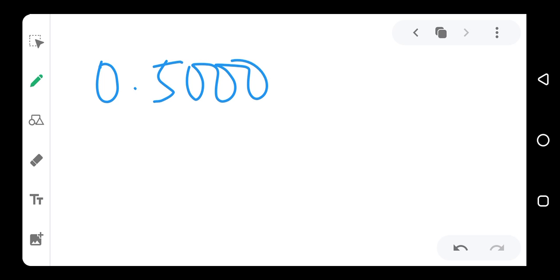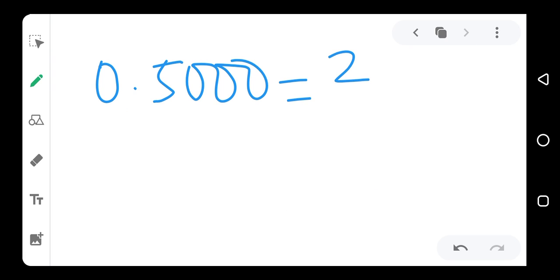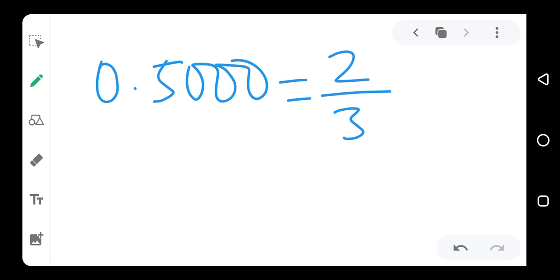If we press sine 30 on our calculator, we are going to get 0.5000 to 4 decimal places, equal to 2 over x.